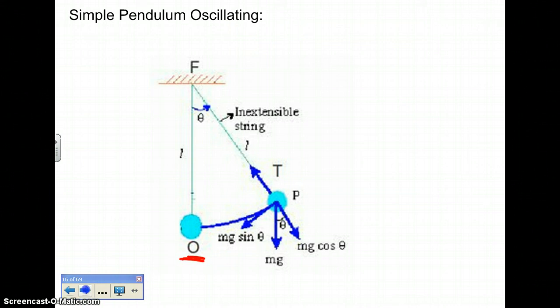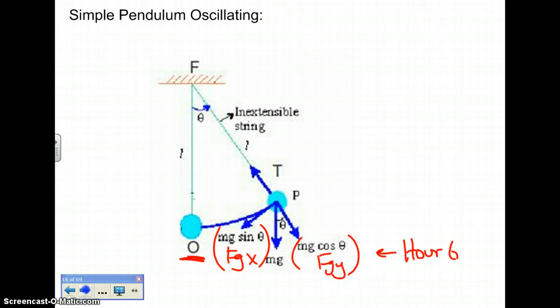So here's just a breakdown of what the free body diagram of a simple pendulum would look like. Notice how it already broke down your FG of X being mg sine theta, and your FG of Y being mg cosine theta, because they're being treated like hourglass triangles instead of bow tie triangles.